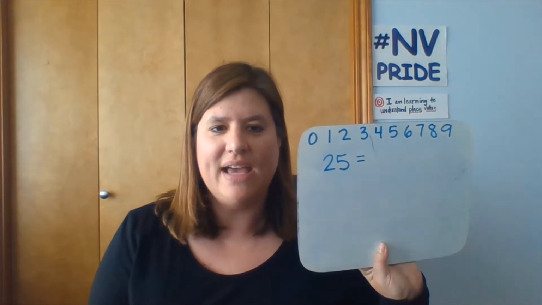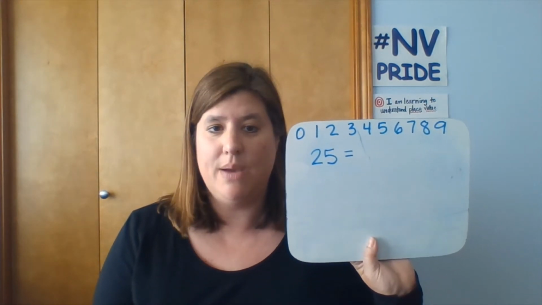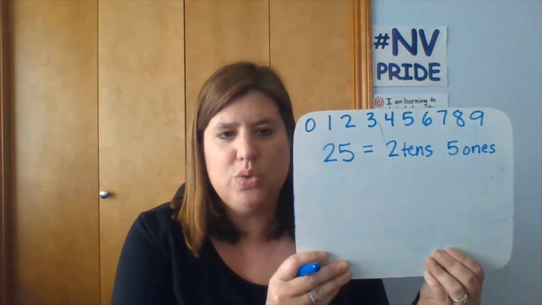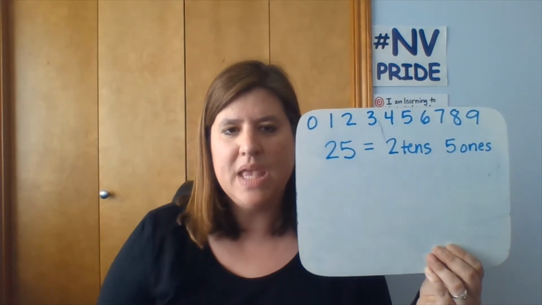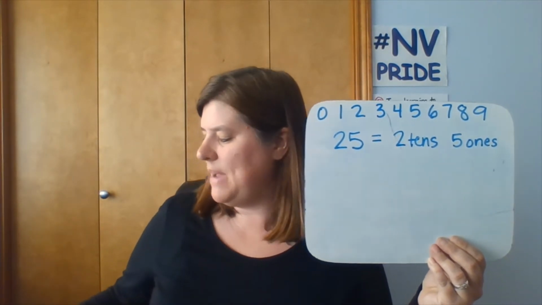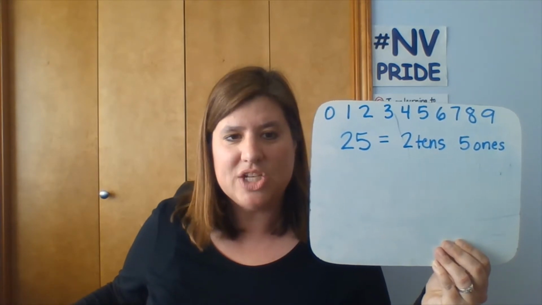Now, when I get back to thinking about 25 being a 2-digit number, that means that I have 2 10s and 5 ones. 2 10s and 5 ones. And we often think about organizing those in a picture.